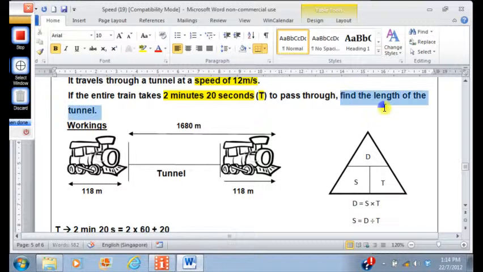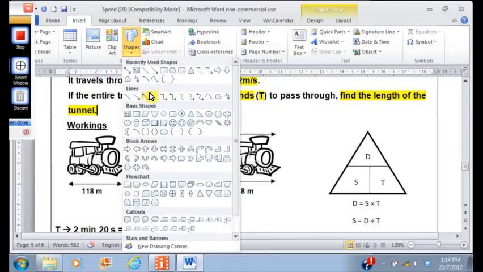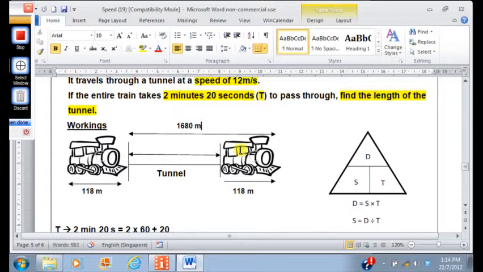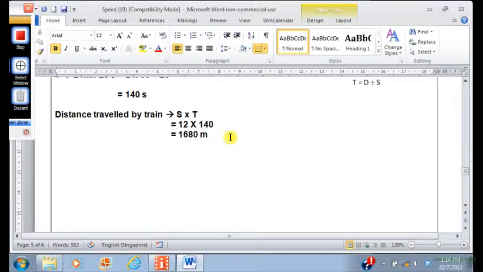So then how do we find the length, which is what your question is asking you? Find the length of the tunnel. How do we find this length now? All you need to do is take the length of tunnel, 1680 minus 118.